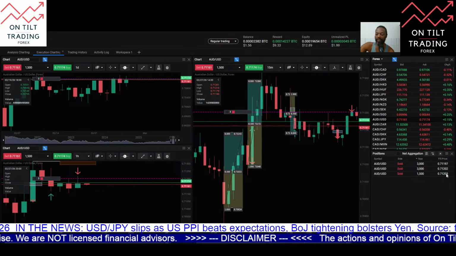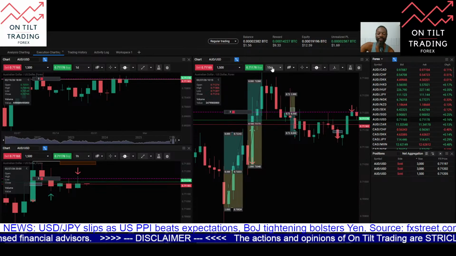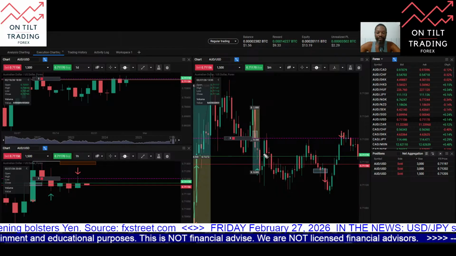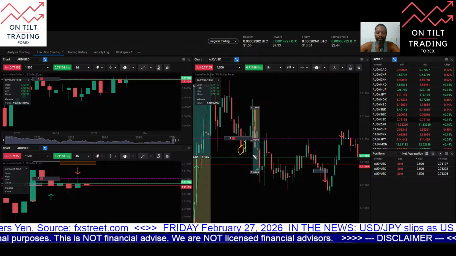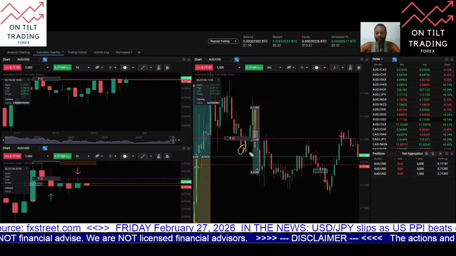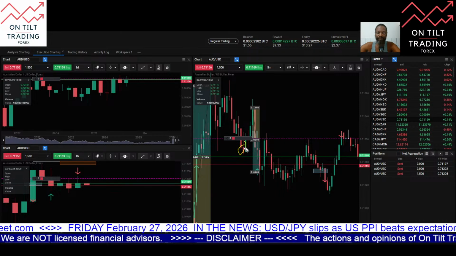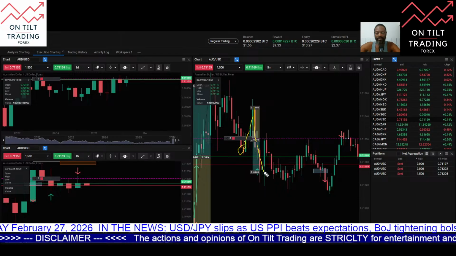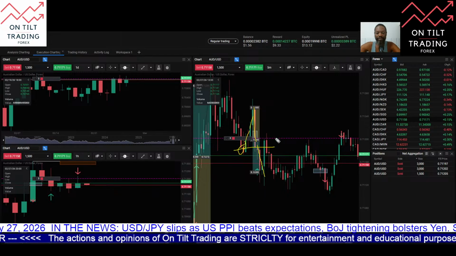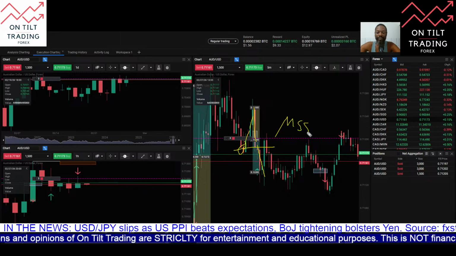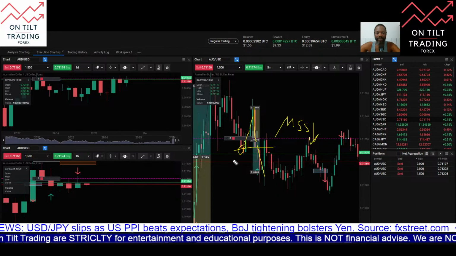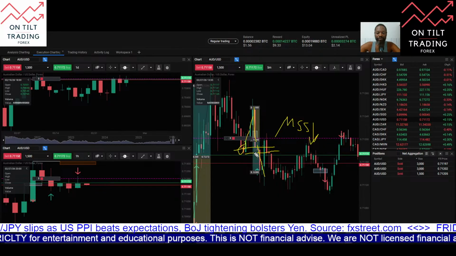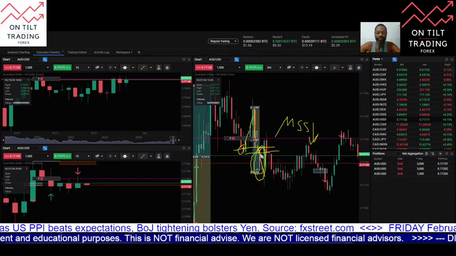So from here, now that price action has shifted bearish, I want to look for an entry. So now I want to look for a market structure shift here on the 5-minute. Price pulls back at that time and then delivers to the sell side, putting in that market structure shift to the sell side on the 5-minute with a body candle close in this candle right here.